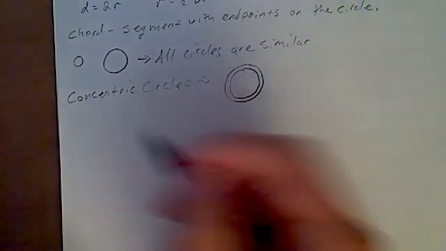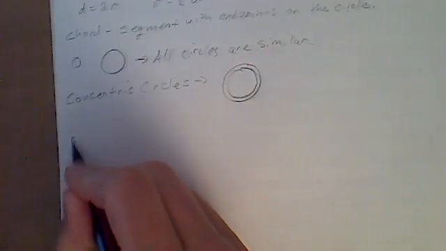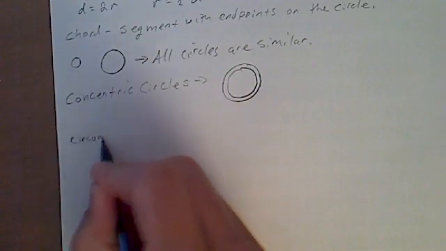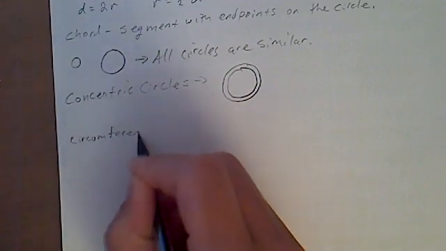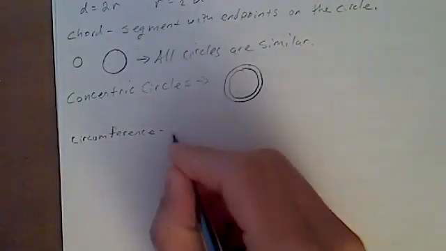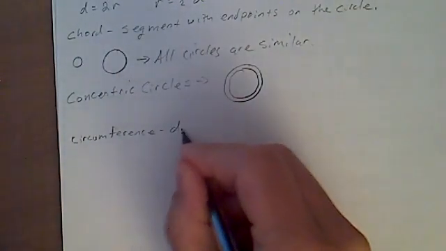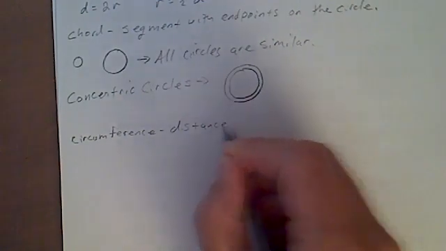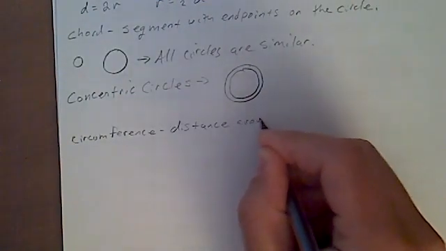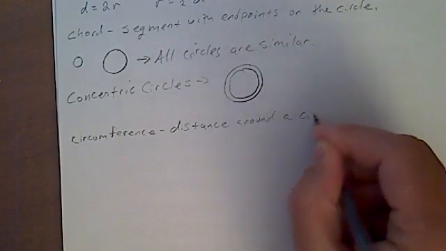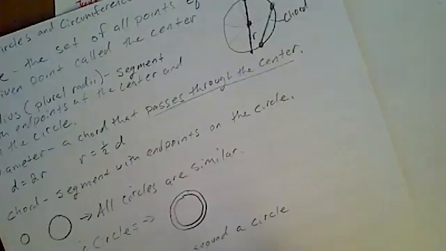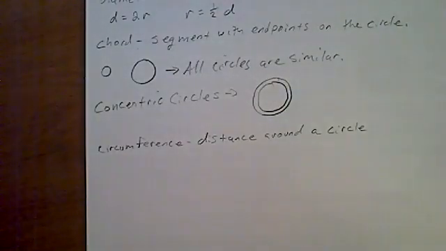Getting into formulas, we have circumference. Circumference is the distance around a circle. This is like perimeter for a circle. So this is the distance around, it's like perimeter.